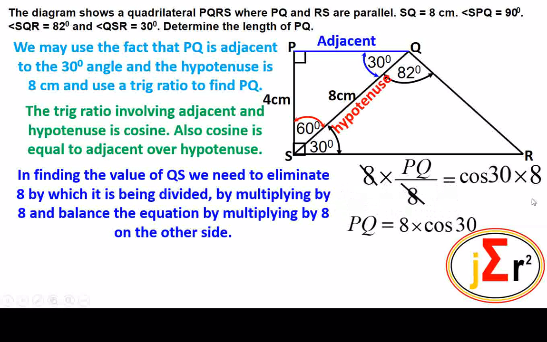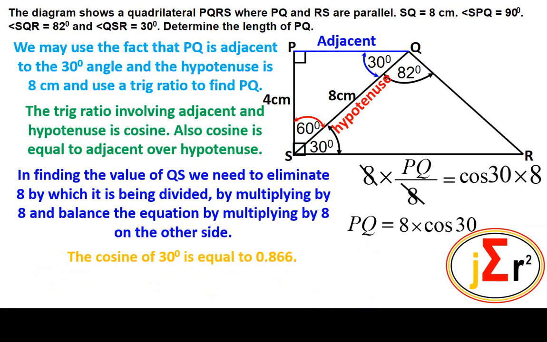Therefore, PQ is equal to 8 multiplied by cos 30, or sometimes we don't place the multiplication sign there. We just say 8 cos 30. What is the cosine of 30? The cosine of 30 is 0.866.